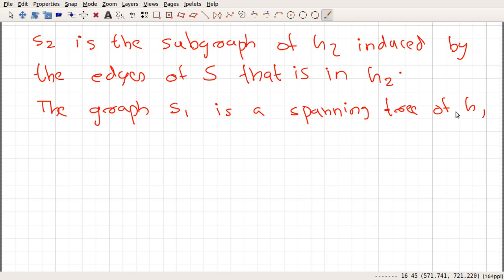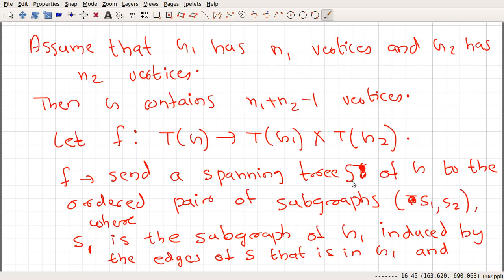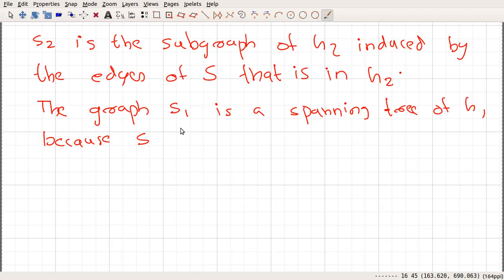The graph S1 is a spanning tree of G1, because S is a spanning tree and belongs to this set, right? Because S is a tree, it is acyclic and connected.